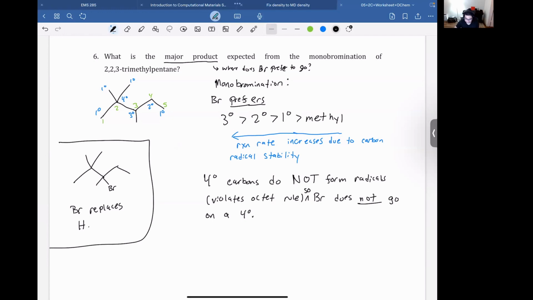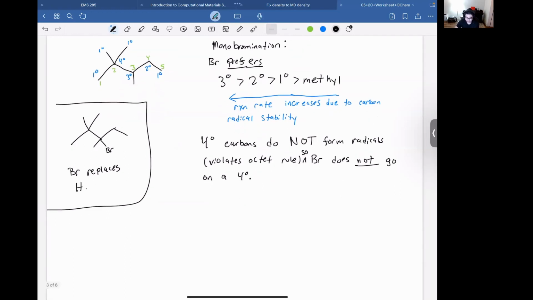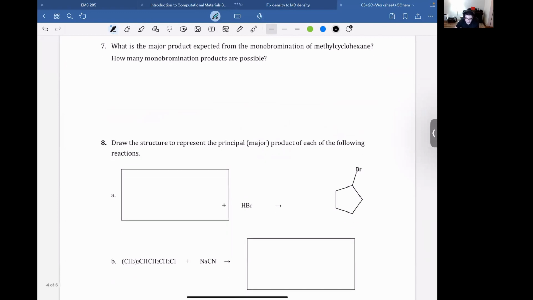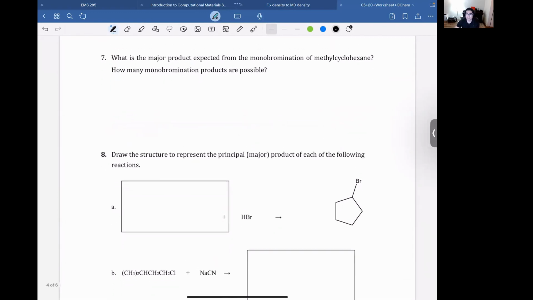That is it. If you want to know why stability increases, you can look up something called hyperconjugation. I will not be talking about that here. But it's cool, and more interesting than memorizing.